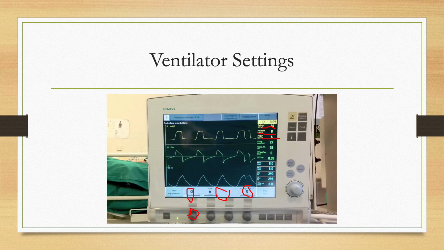A lot of people correlate this value with CO2. You have inhaled and exhaled tidal volumes as your last fields there. And these are the main vent settings that you're going to see. Some of these are measured, and some of these you're actually going to set.